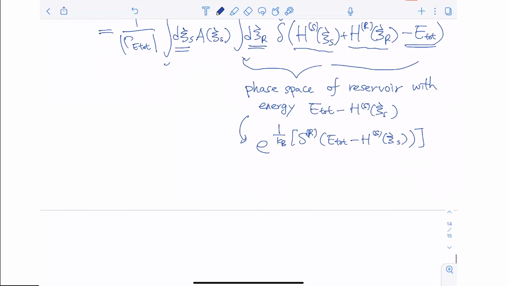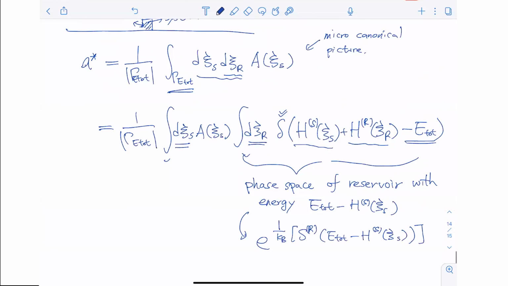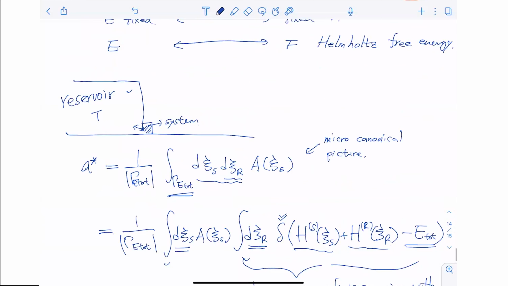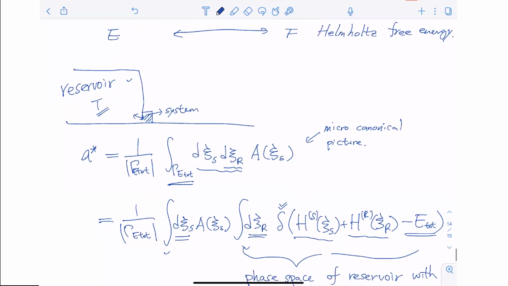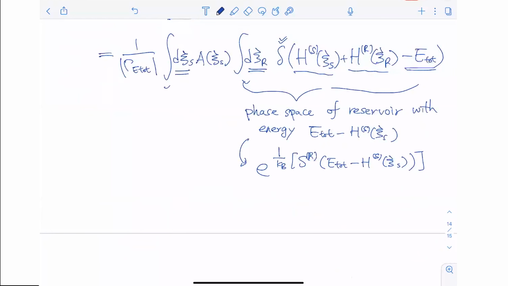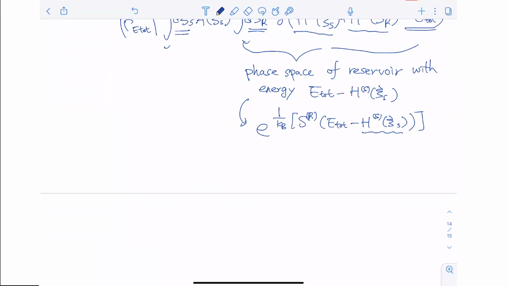So why is this expression useful? Because as I mentioned before, the reservoir is kept at the fixed temperature T. And usually what that means is that the reservoir is huge compared to the system size. So what that means is that this object is a small quantity. So if it is small, what can we do as a physicist? We'll expand it using Taylor expansion.